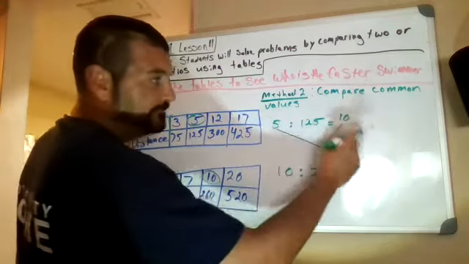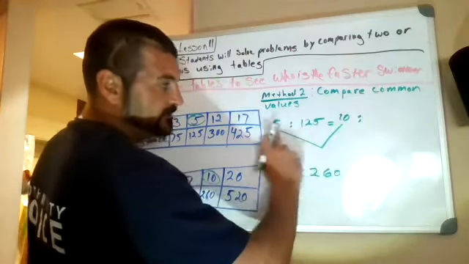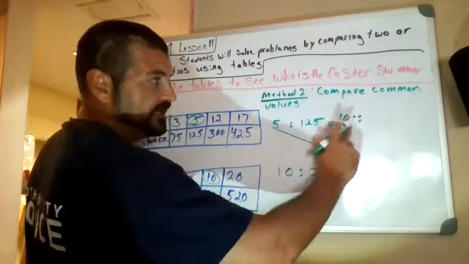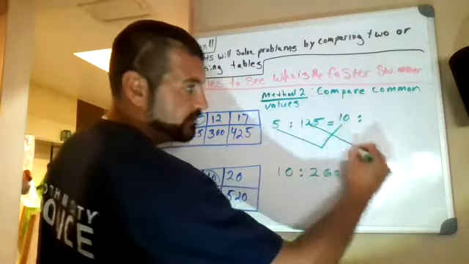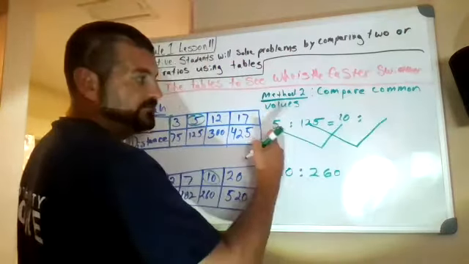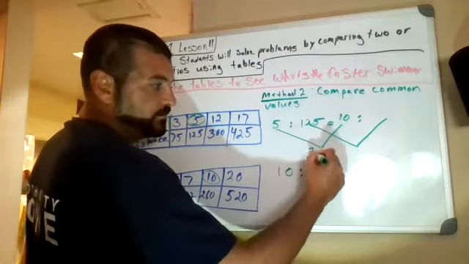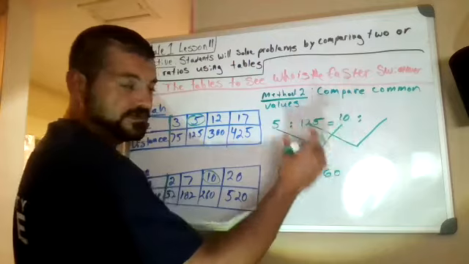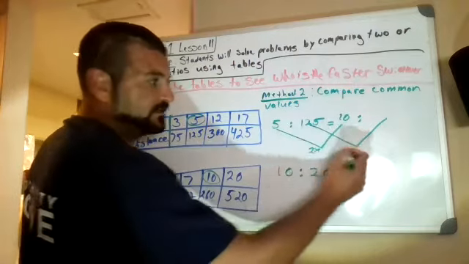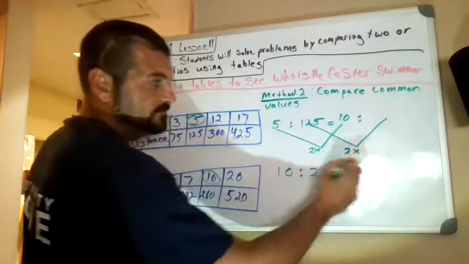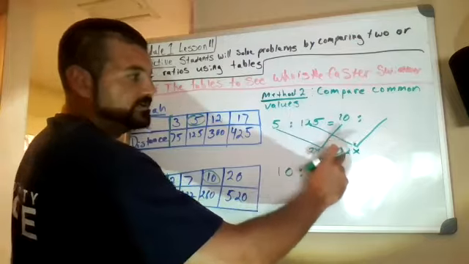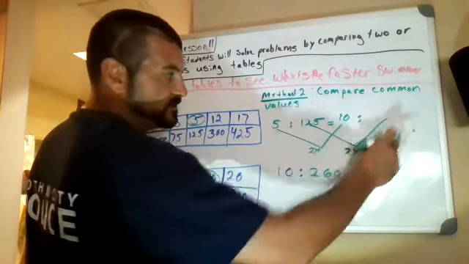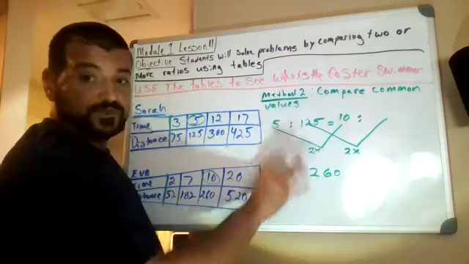So 5 to 125 equals 10 to a number. So how does a 5 become a 10? Multiplying it 2 times. And remember the earlier videos, you have to use the same constant. 2 times.